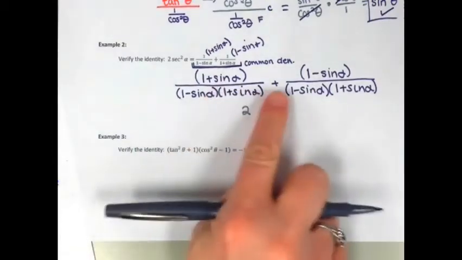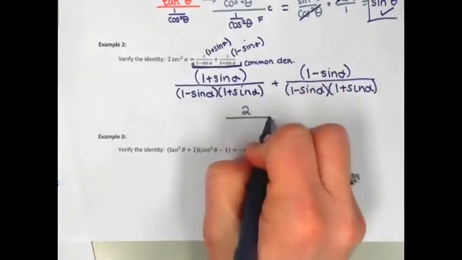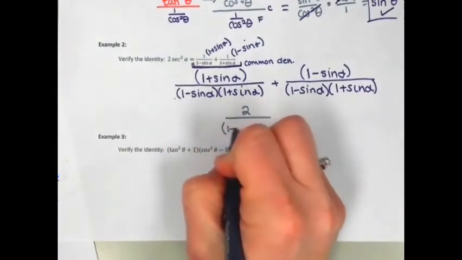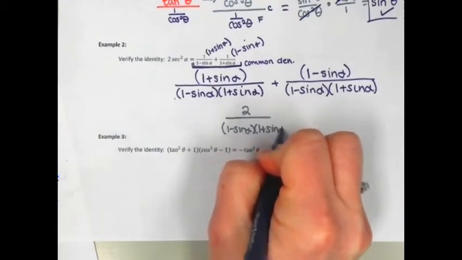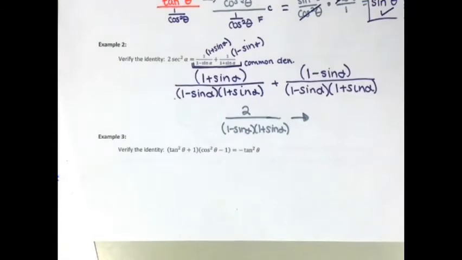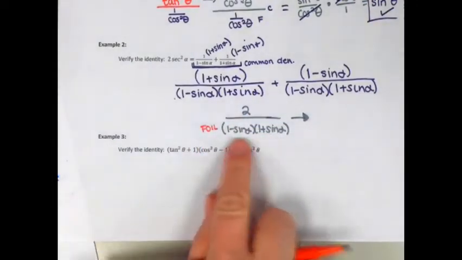What's a positive sine plus a negative sine? 0. So I just have 2 over the 1 minus sine and the 1 plus sine. What do you think I can do with that denominator? I can FOIL it, couldn't I? And don't you guys notice that these are just conjugates of each other?